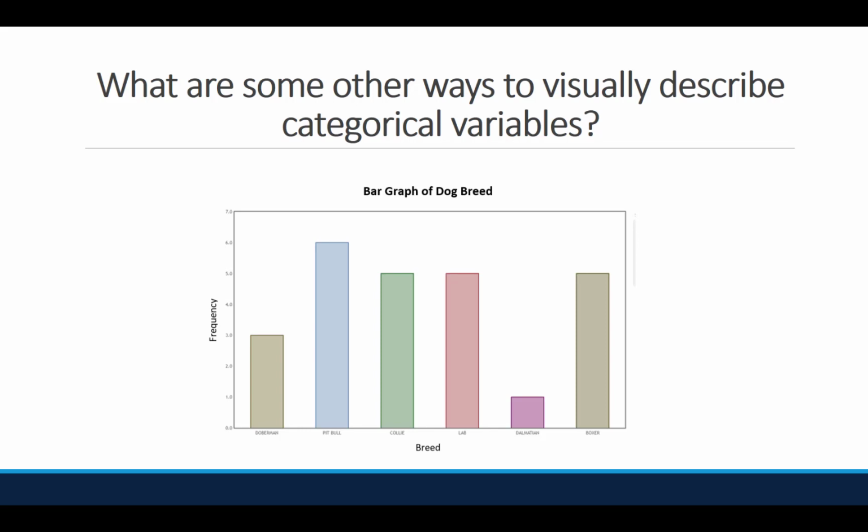There are many ways to create bar graphs. Most statistical software, including Excel, SAS, and R, will create bar charts. Bar graphs can be vertical or horizontal and should have the following properties. The x-axis should be labeled with the variable name. If creating a horizontal bar graph, the y-axis will have the variable name. The y-axis should be labeled with frequency or percentage.